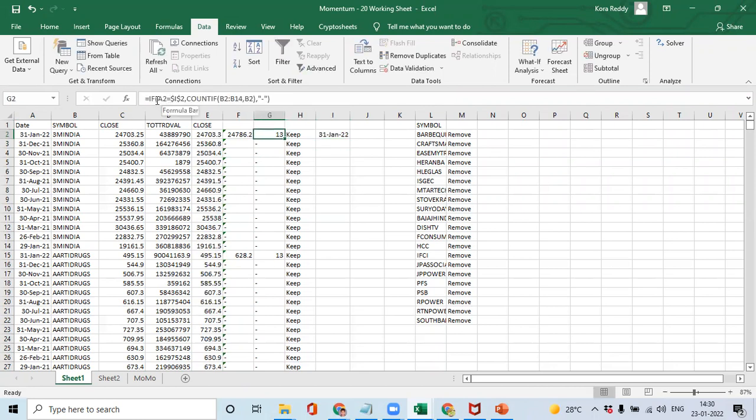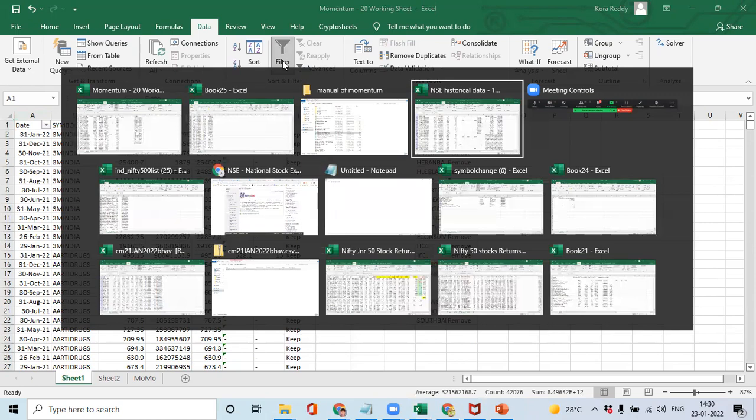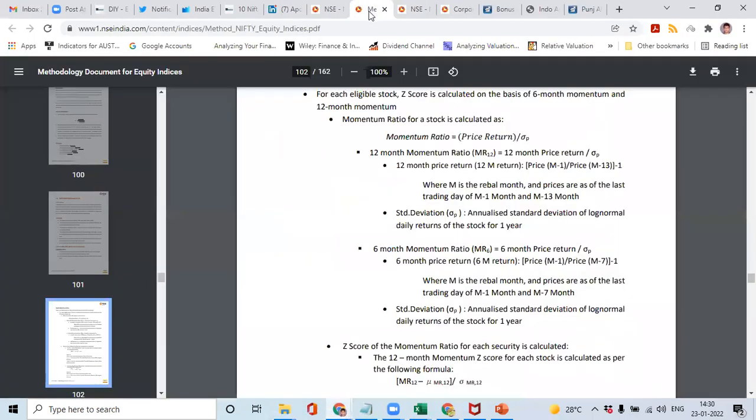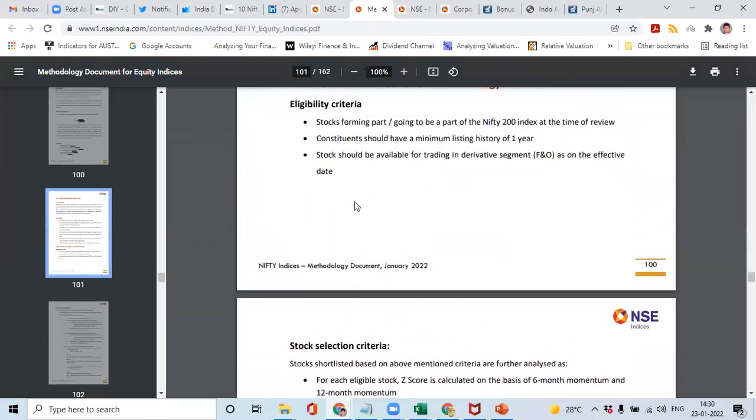Basically, if A2 today's date equals I2, then count how many 3M India entries there are in your database. So 30, like that for all the symbols. Now my first filtering criterion is exactly as per this methodology: a stock needs to have a 12-month history for it to be included.